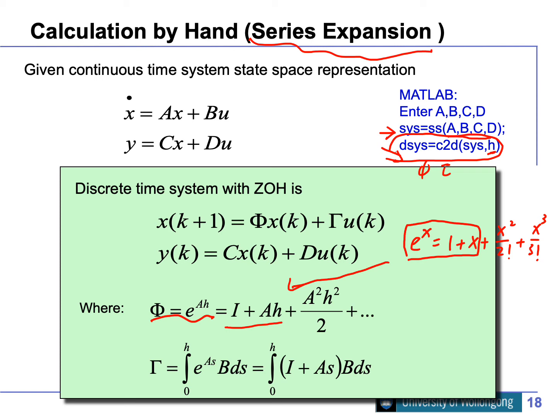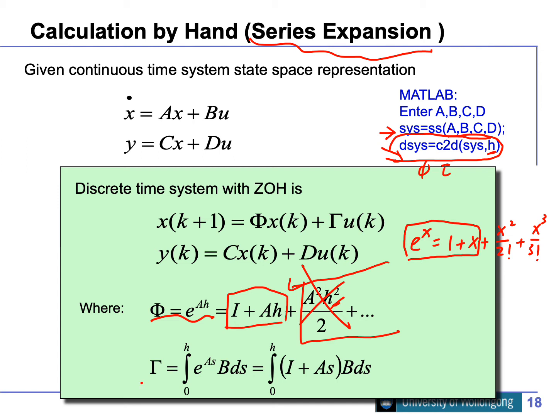So that's pretty much the expansion. e^(Ah) is I plus Ah plus A squared h squared divided by 2, then A cubed h cubed divided by 6. Those are all higher powers of h, and because h is normally the sampling time, it's quite small, we approximate with the first terms and get rid of the rest.